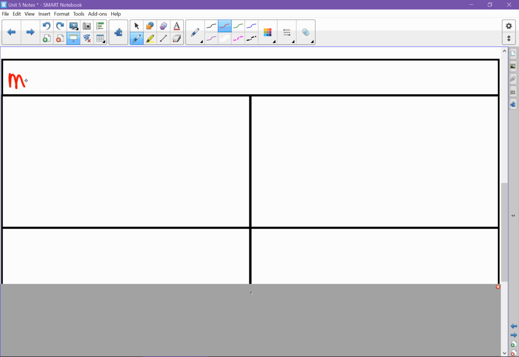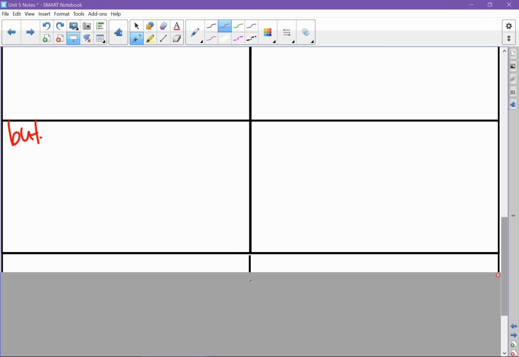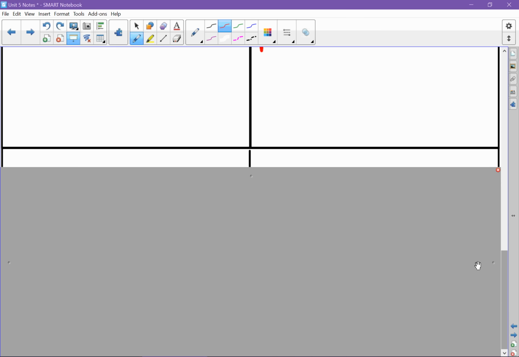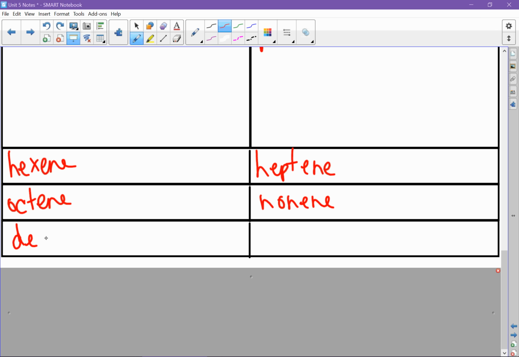So the first one is going to be called methene. 2 carbons would be ethene. So keep going in your table. Propene, butene, pentene, hexene, heptene, octene, nonene, decene, and this is an extra box, it doesn't really matter.